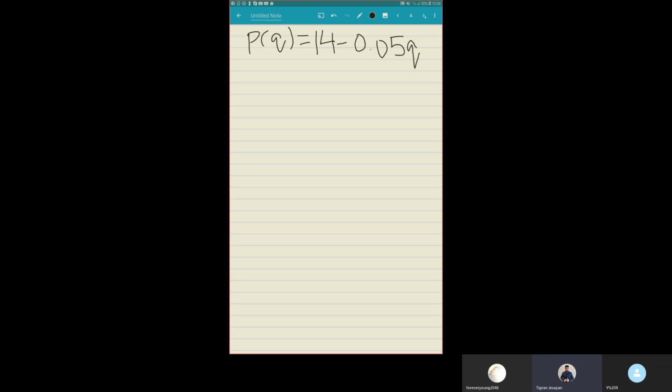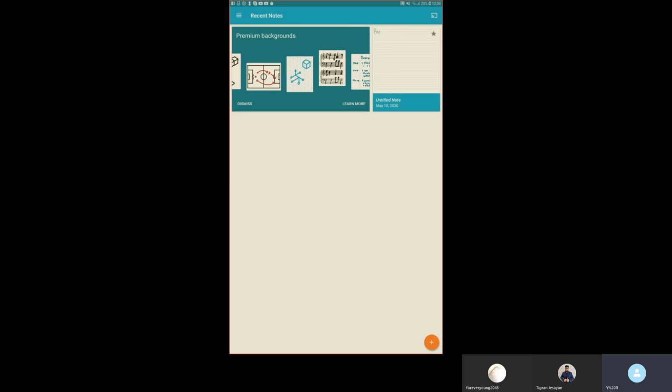Use the relation profit to verify that the formula given above is correct. Okay, that's to determine the selling price, and that's for the maximum profit. So we can start with this.